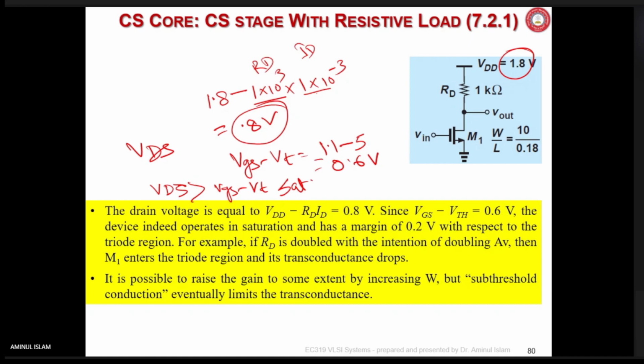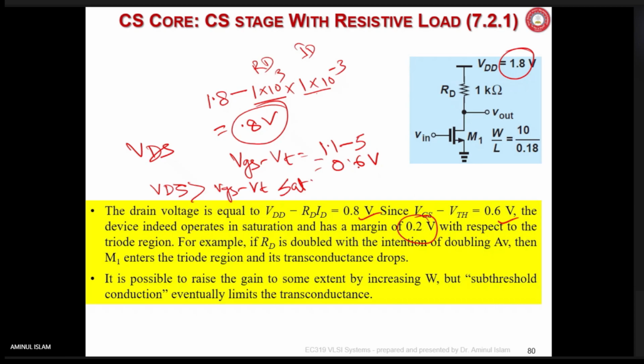Now the drain voltage is equal to this, and VGS is equal to this. The device is in saturation region and has a margin of 0.2 volt that we can understand with respect to the triode region.